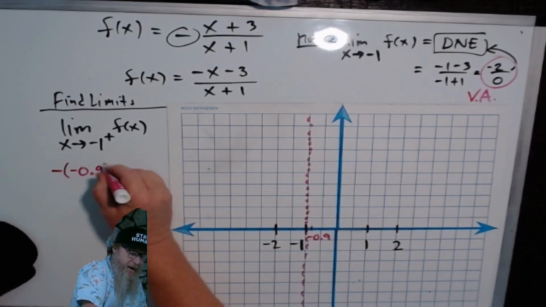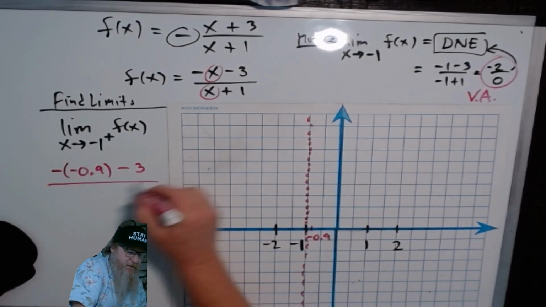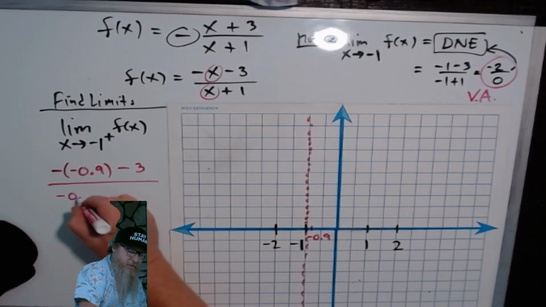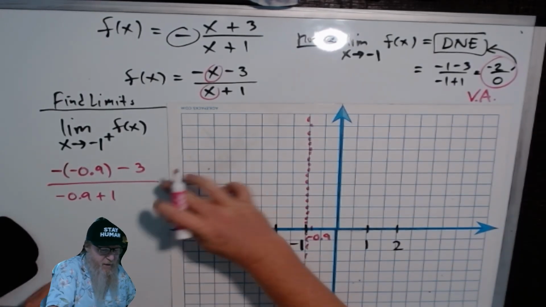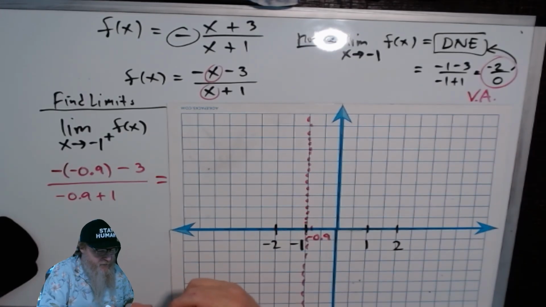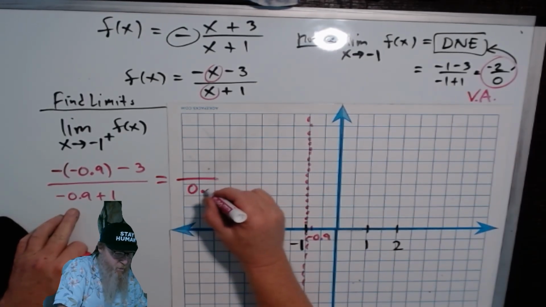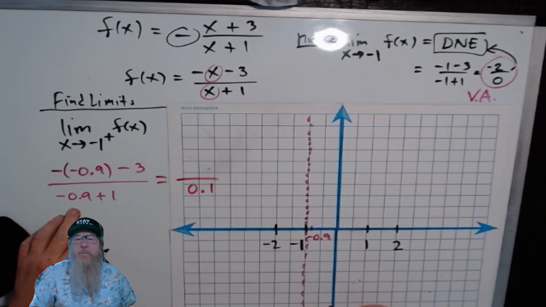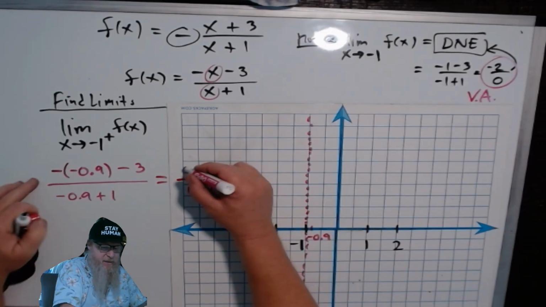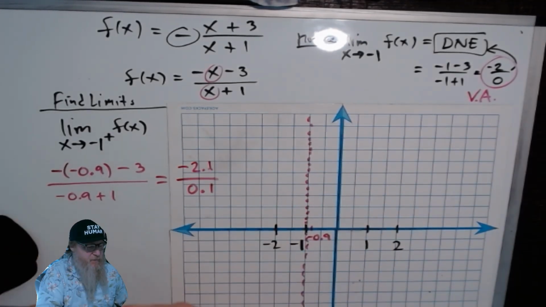So I'm going to plug in a number very close to negative 1. Negative 0.9 into the x. You can use a calculator. This would be 0.1. And then this would be negative 2.1.